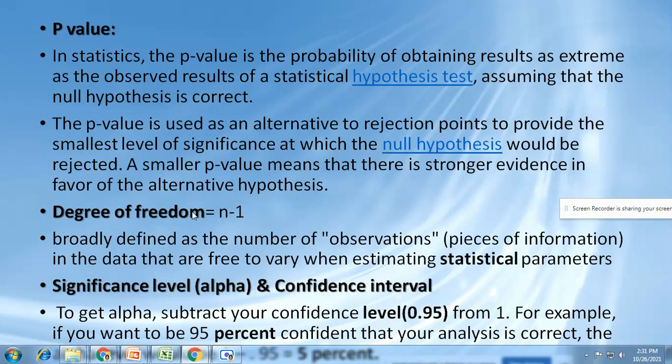Some researchers also keep a 99% confidence interval. So 99% and 1% are the chances of errors. That means 99%, that is 0.99, is the confidence level, and 0.01 is the level of significance.